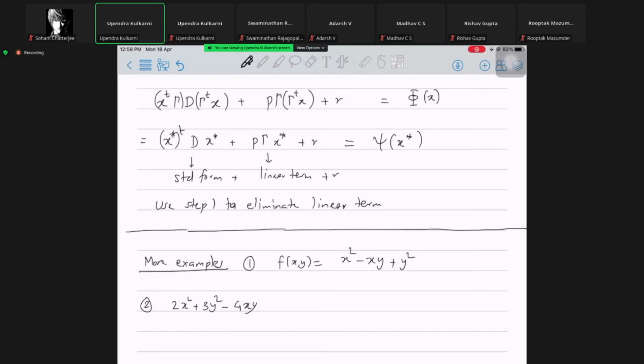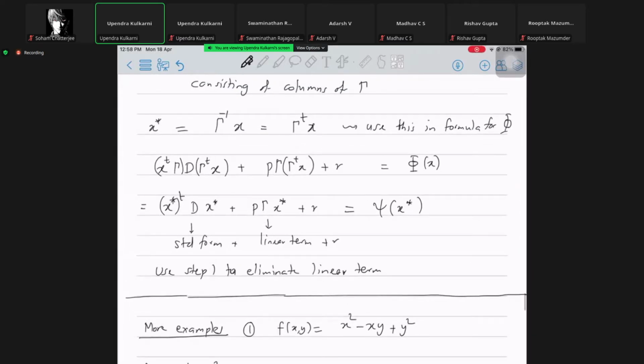By the way, one thing I should have stated. The graph of phi and the graph of psi: will the shape or maxima or minima, will anything be different?